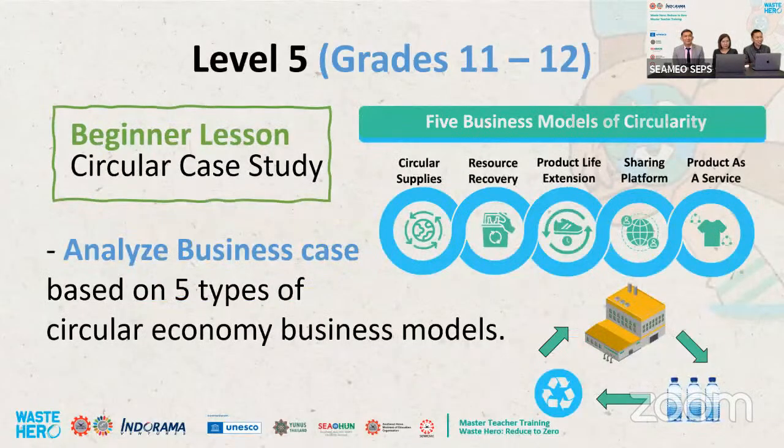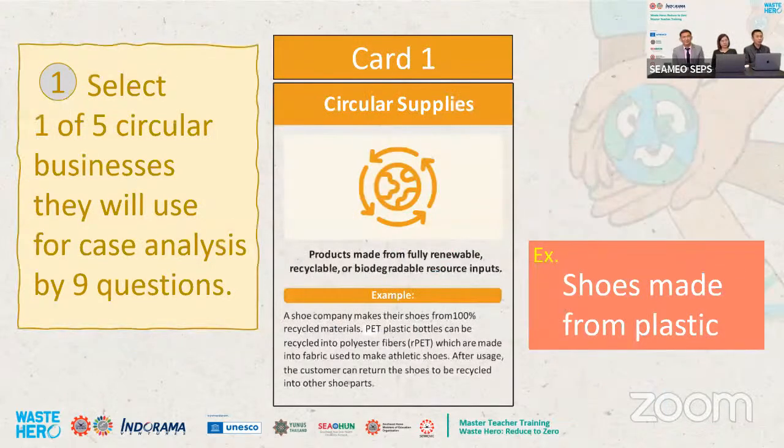The beginner lesson for level 5 is the circular case study, which aims to analyze a business case based on a circular economy business model. It starts with selecting one of 5 circular business cards that the student would like to use for case analysis by the upcoming questions. You will see the upcoming questions too, because they help you create a map of circularity ideas in your mind.